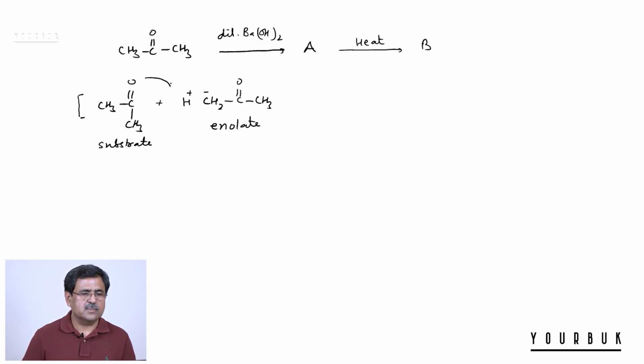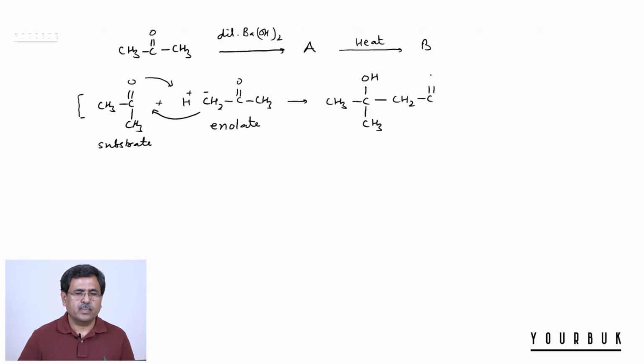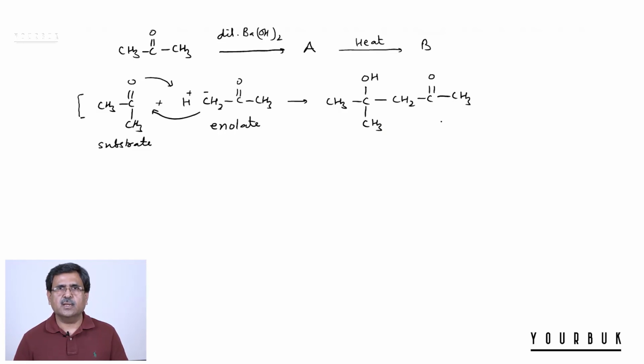Nucleophilic addition takes place and compound A is obtained. And again you make sure the aldol has to be a beta hydroxy aldehyde or ketone. So this is my product A.